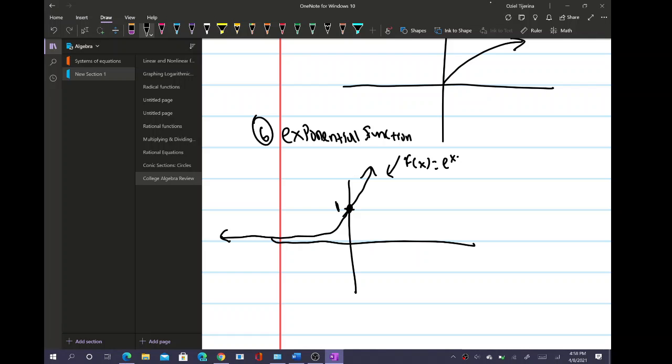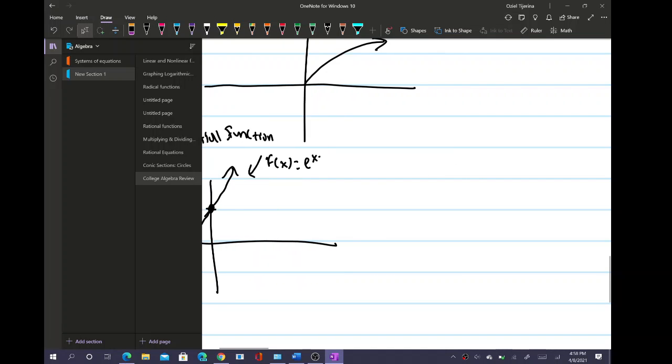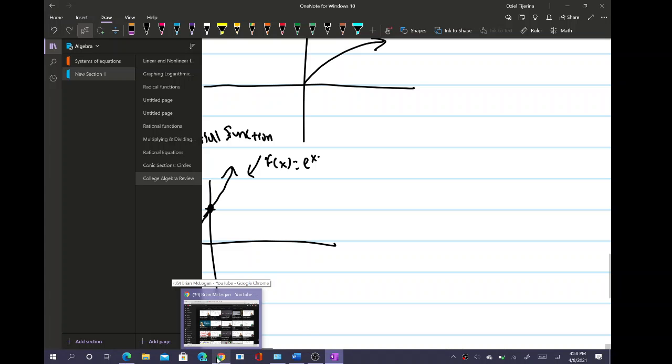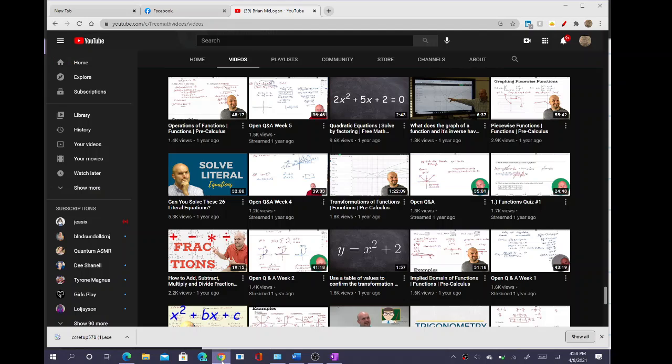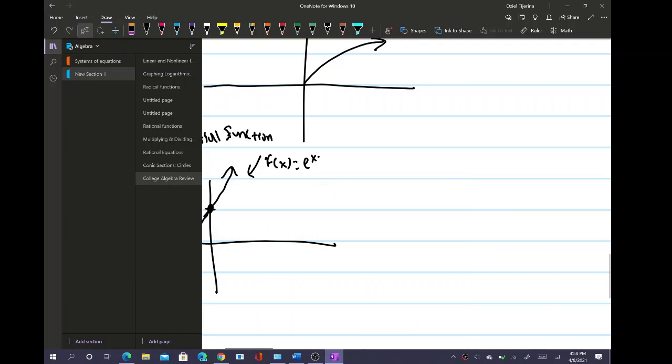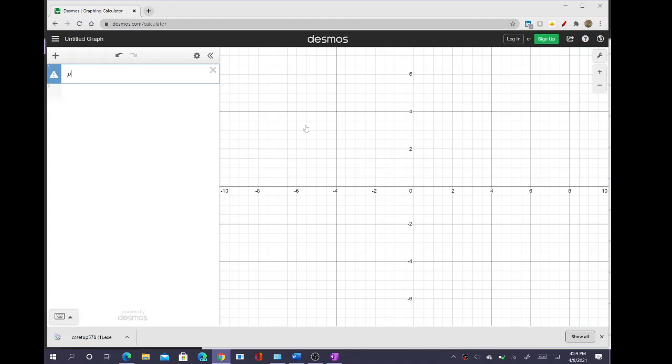Now, the difference between that and a power function, maybe I can show you how it specifically looks. Give me a second, guys.